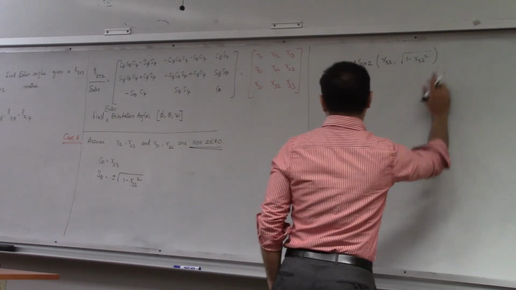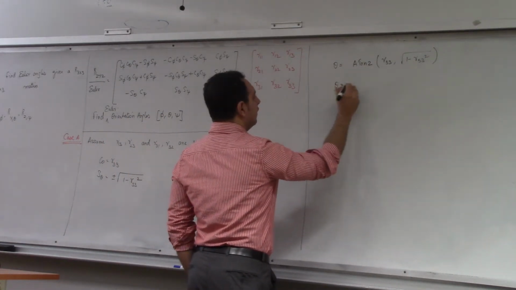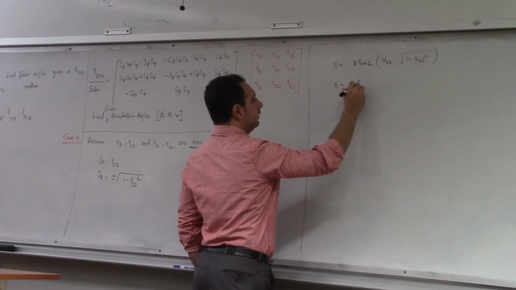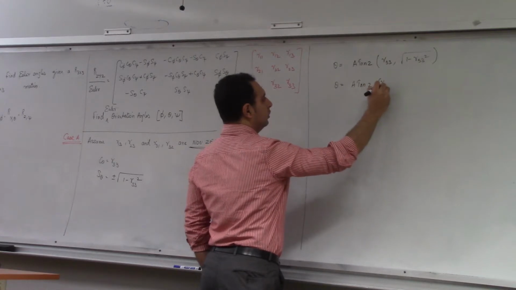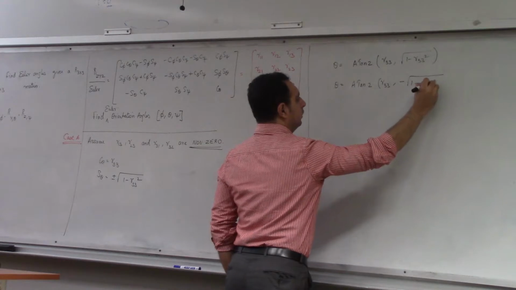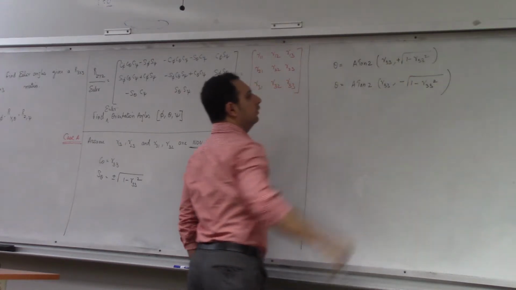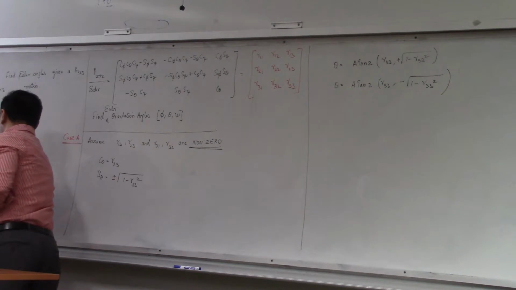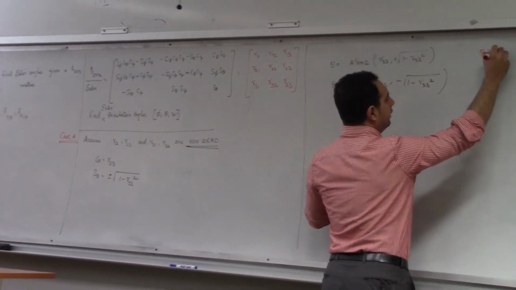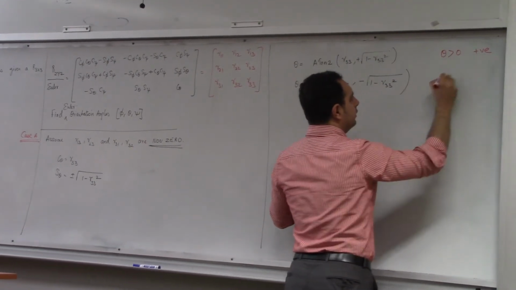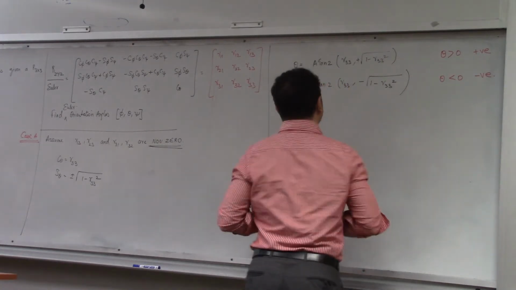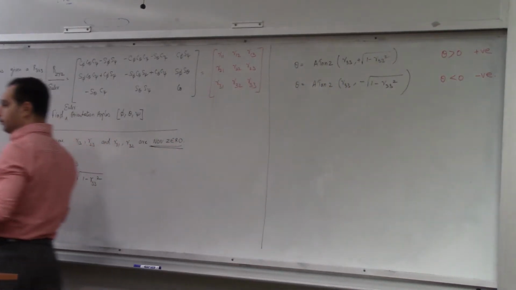This is one solution, or you can have theta equal to minus, because theta in this case, A tan 2. Okay. Here theta is positive, theta is greater than 0. In this case, less than 0, because we have a negative sign.